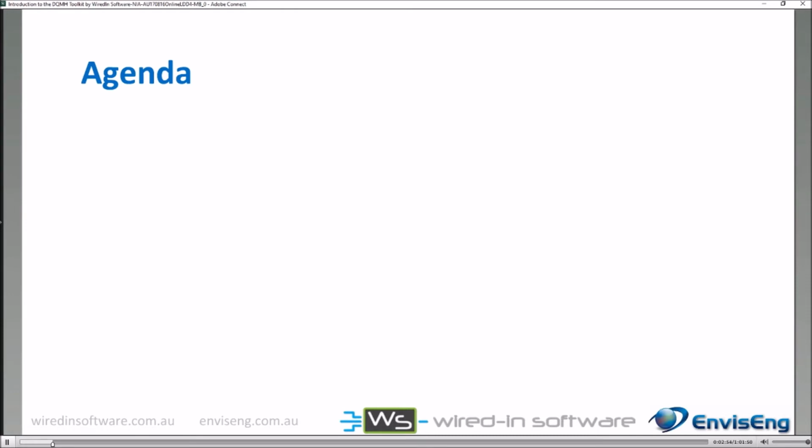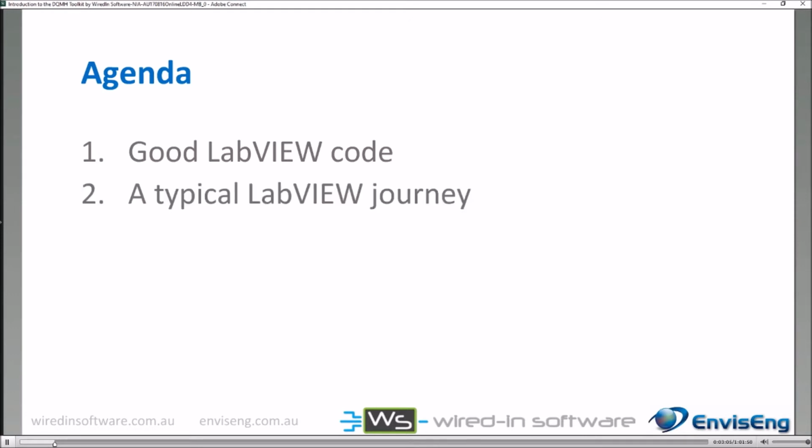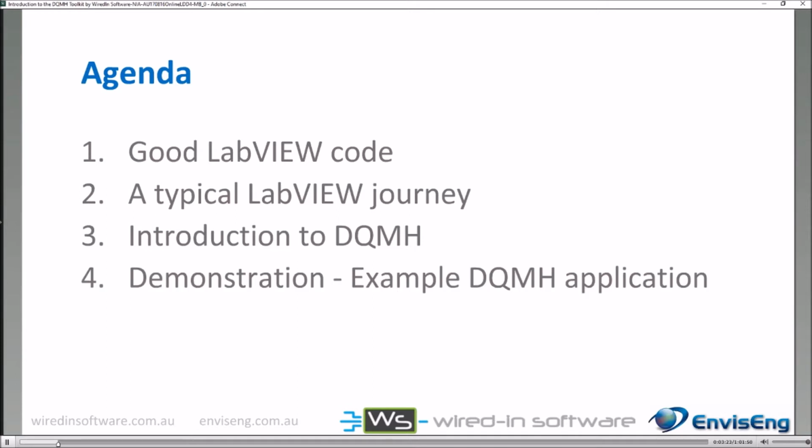So with regard to our agenda today, we're going to start by looking at what is good LabVIEW code. What makes a good LabVIEW architecture? We're going to follow this up with a short and brief journey into a typical LabVIEW development evolution. Then we'll step into introducing the DQMH. What is it for, and why would you use it?